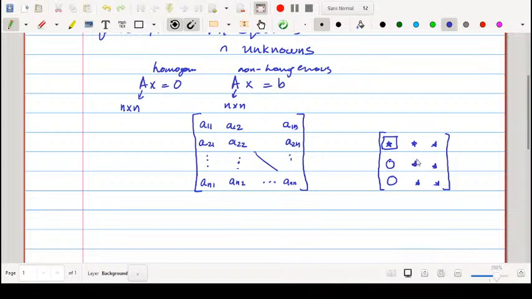But let's say you get one of these entries to be non-zero, and you get that to be the second pivot, and you manage to erase this entry as well, and you get a 0 here. And then finally, we're hoping that this is also a non-zero entry, in which case you will get 3 pivots. So the maximum rank of this matrix is 3.